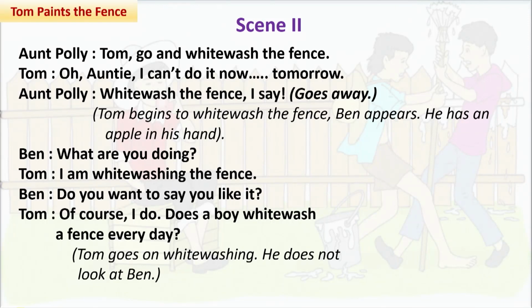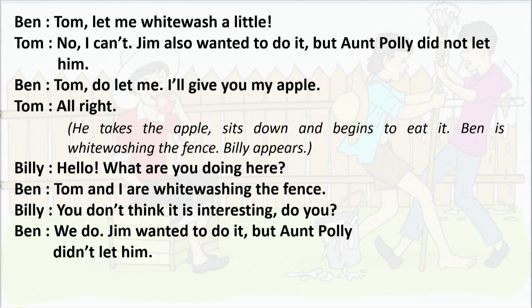Tom, go and whitewash the fence. Oh, Auntie, I can't do it now. Tomorrow. Whitewash the fence, I say. What are you doing? I'm whitewashing the fence. Do you want to say you like it? Of course, I do. Does a boy whitewash a fence every day? Tom, let me whitewash a little. No, I can't. Jim also wanted to do it, but Aunt Polly did not let him. Tom, do let me. I will give you my apple.